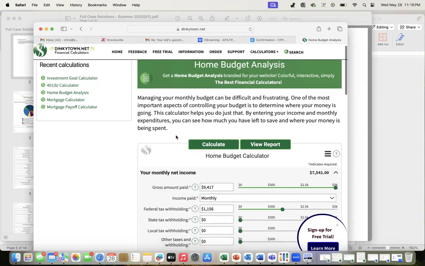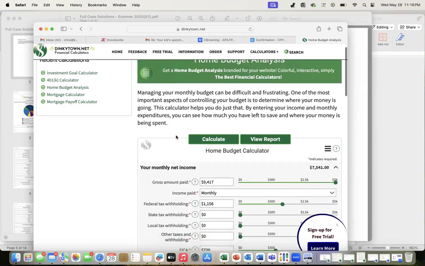I'll go ahead and tell you right now, the way that Dinkytown is laid out, there's not going to be a perfect fit for every expense item that you see on that income and expense statement that I provided for you. And so what I would tell students is just make sure that they get all of the expenses in and put those expenses in the best fit calculators possible.